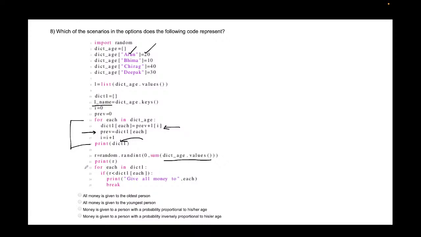Again, one more for loop is initiated for each in dict1, for each person in dict1, in the dictionary in which the keys are the person's names and the values are cumulative ages. So if R is lesser than dict1 of each, we print give all the money to each, and there is a break.